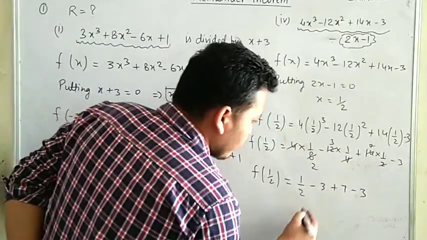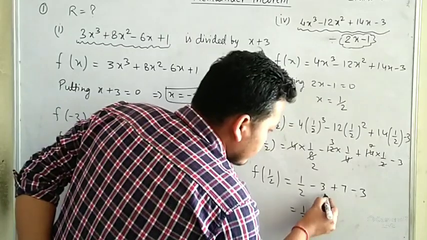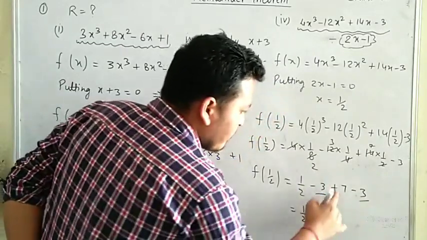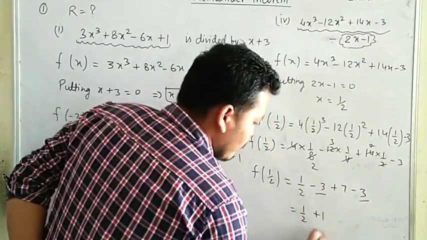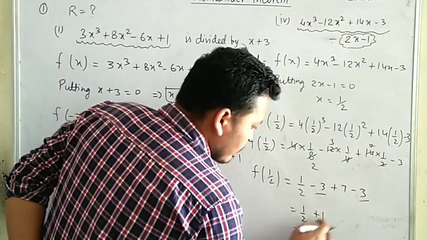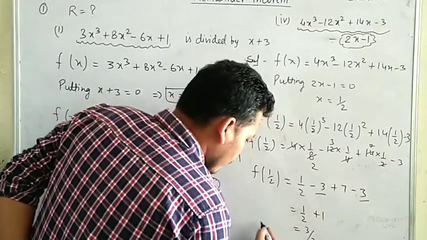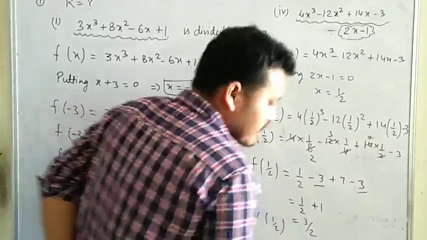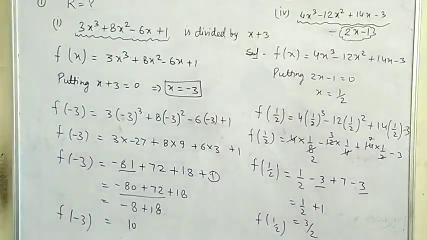So finally we will get our answer, this is 1 by 2 minus 3 minus 3 minus 6 plus 7, so plus 1 equal to 3 by 2. So what is the remainder? Remainder is equal to 3 by 2. Means when the value of x is equal to 1 by 2, our remainder is equal to 3 by 2.